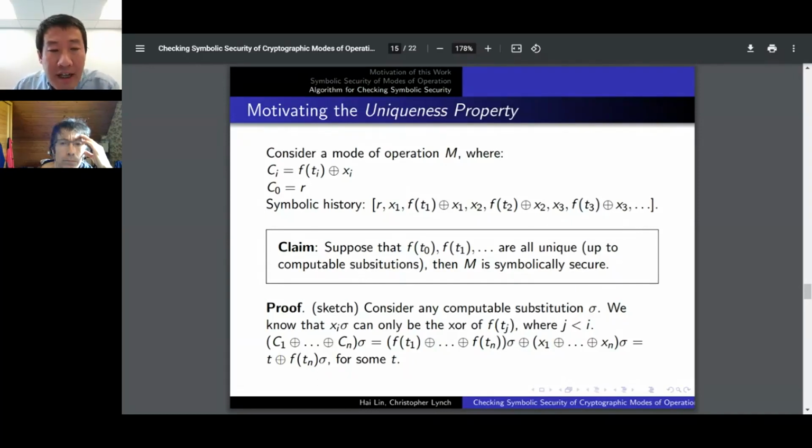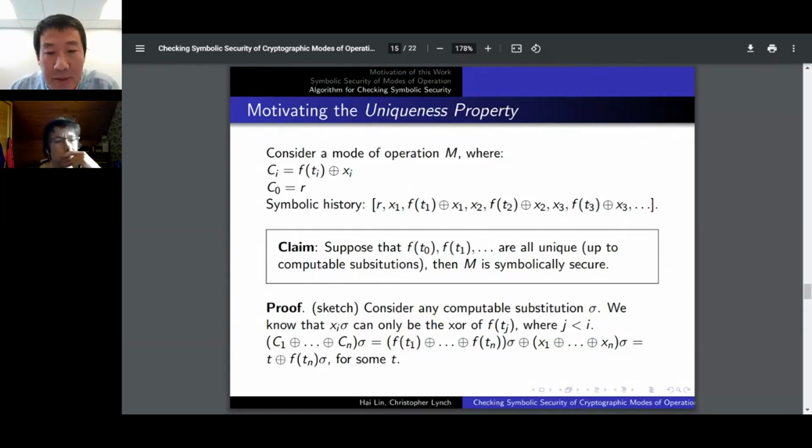So here's the idea of the proof. Let's consider any computable substitution. By definition, each Xi can only be the XOR of some previous F-rooted summands. Now, if we compute the XOR of C1 through Cn under that computable substitution sigma, then by definition, Ci is the XOR of f of Ti and Xi.